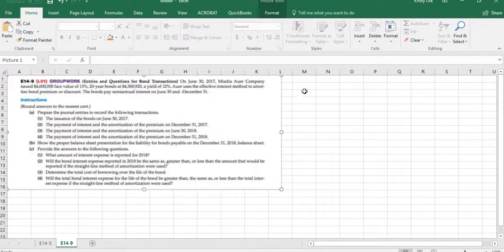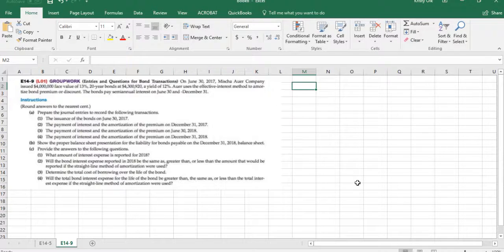So let's just go ahead and start at the beginning. They want us to do these journal entries. So A is journal entries. And number one is the issuance of the bonds on 6/30. So we would have the date at 6/30/2017.